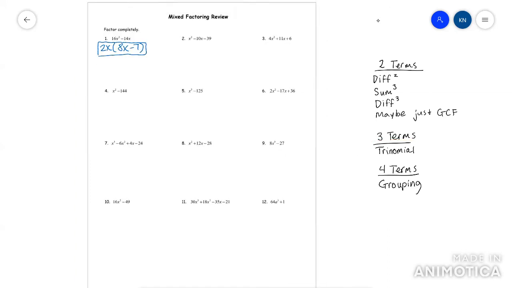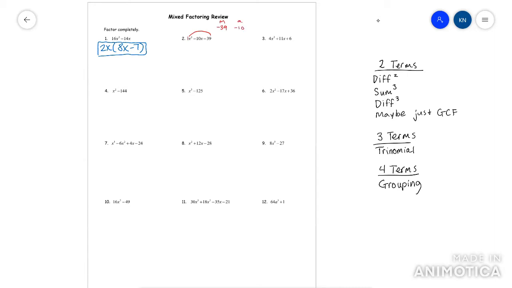And when it's a trinomial, this is the way that I teach my kids: the rainbow combo. So you rainbow the first number, which is a 1, and you multiply times the last number. So 1 times negative 39 is negative 39. And then you also think about the middle number, which is negative 10.